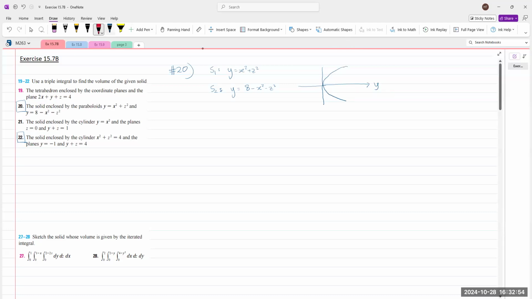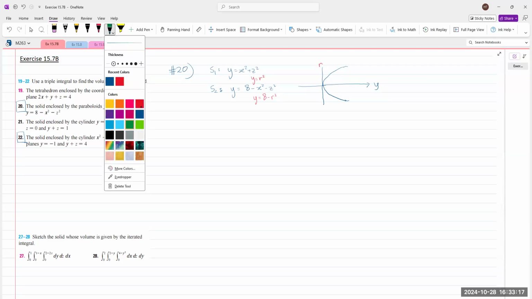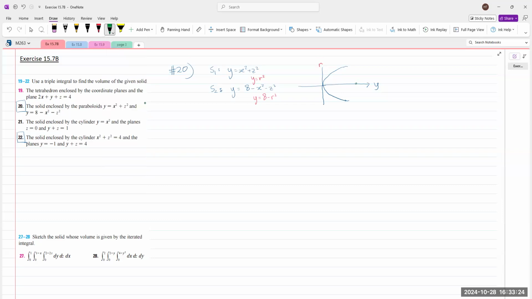If we think of this as y equals r squared, and this is the r here, and then for the second one, this is y equals 8 minus r squared, so it will look approximately like this. If this is 8 here, it will look like this.